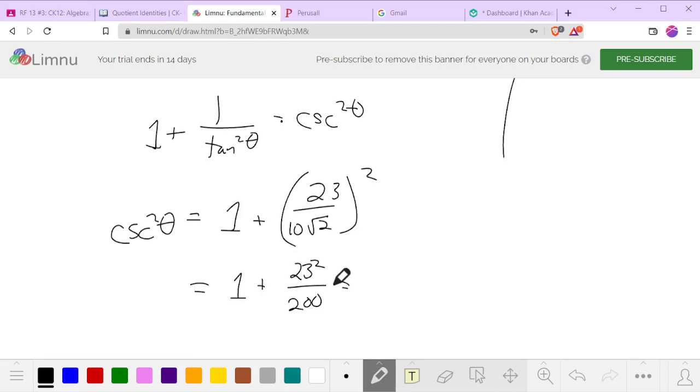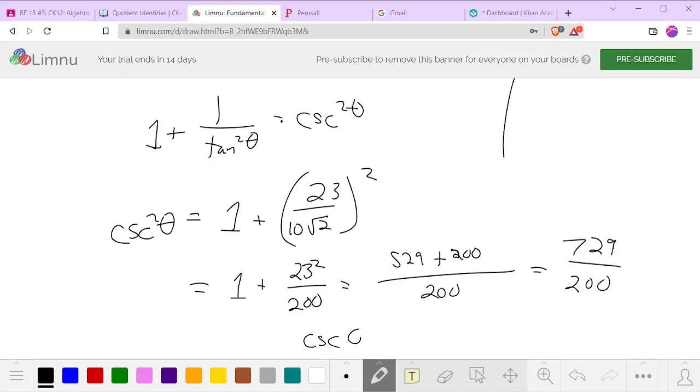Our 23 squared, going back to the calculator for a moment, is 529. So 529, oh, plus 200. Should have had the 200 first. That's 729 over 200.